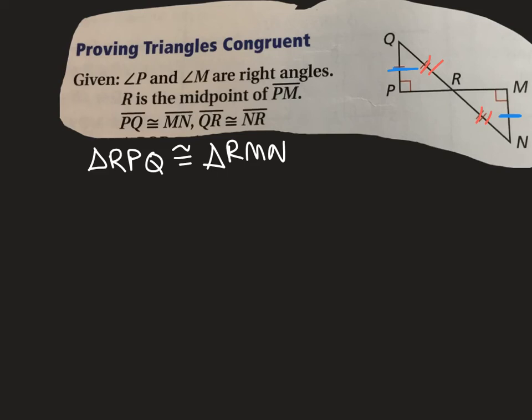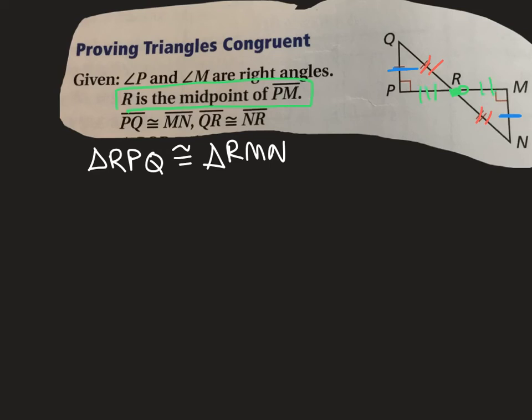What we don't know is why we would say that PR is the same as MR. But if we go back to the given information, we can see that it says R is the midpoint of PM. Well, if R is the midpoint, then we know that the distance PR is the same as the distance MR. And if that's true, then those segments are indeed congruent.